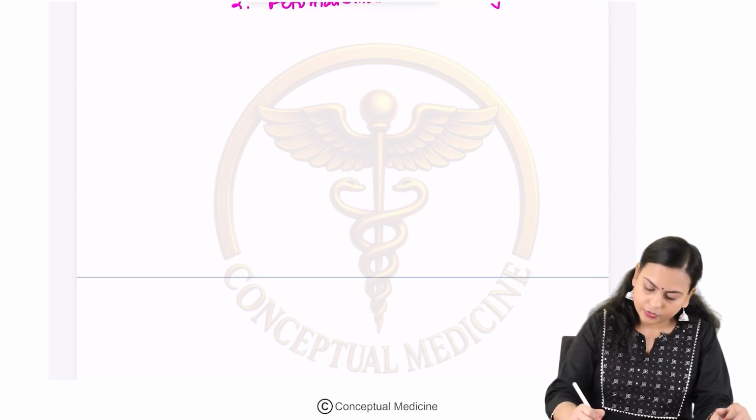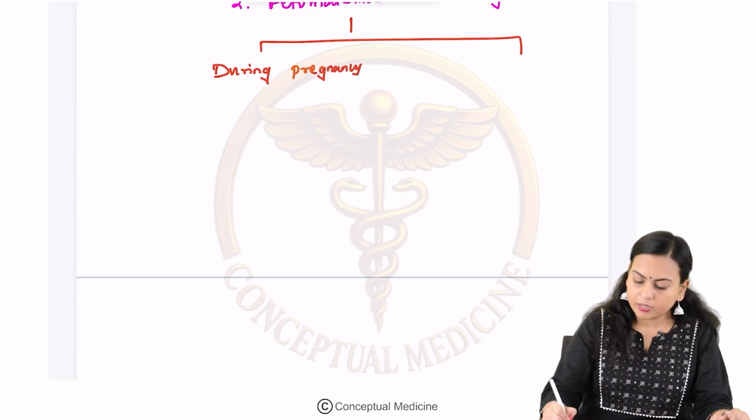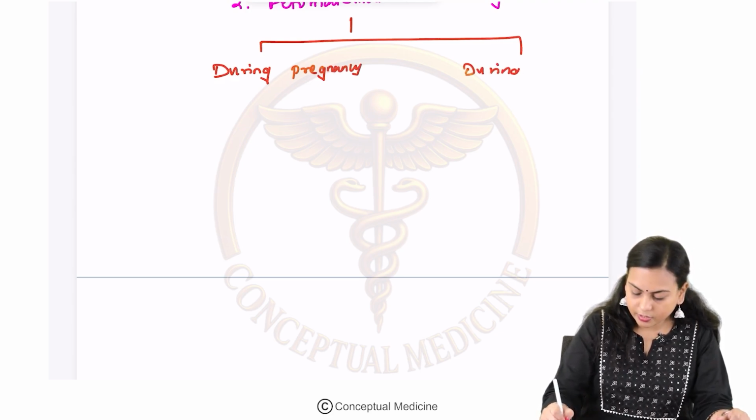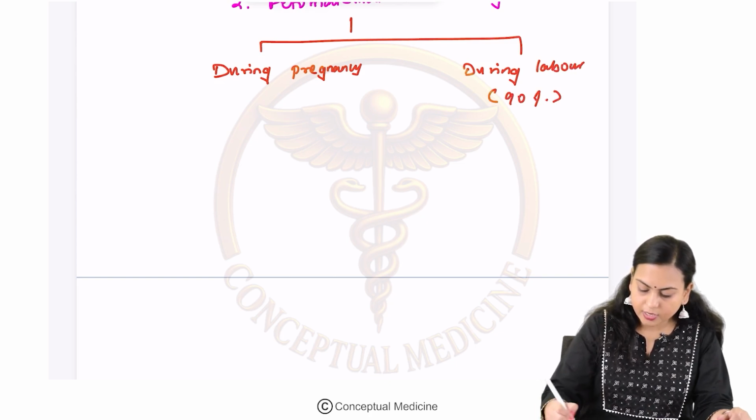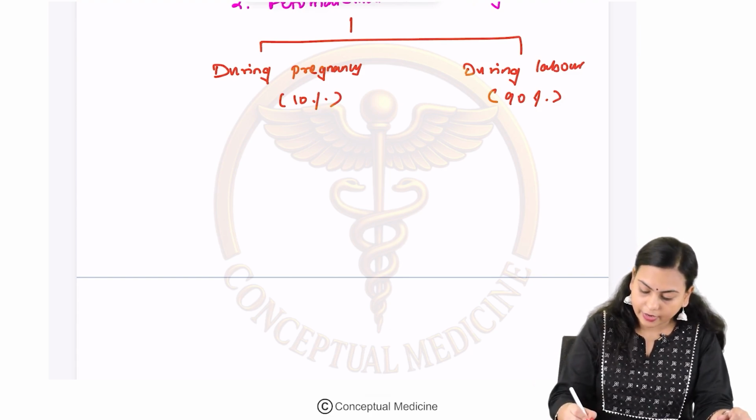So during pregnancy and during labor, there is a 90% chance in labor, and this happens with a 10% chance. This can be further divided into trimesters.